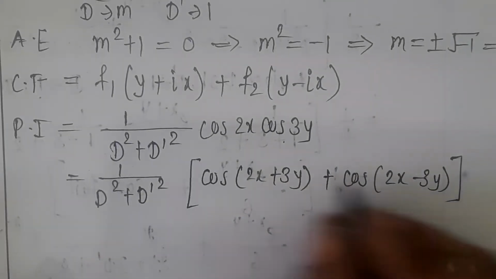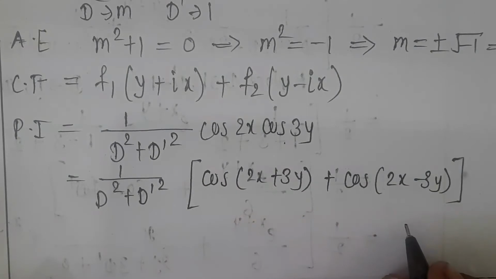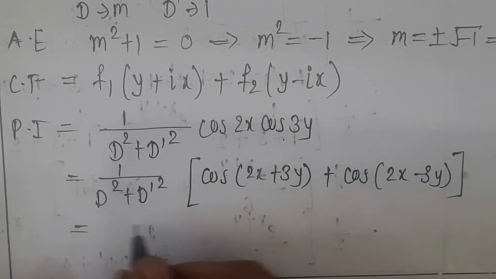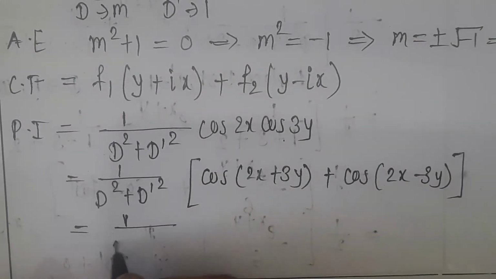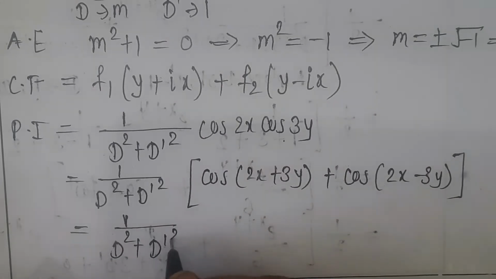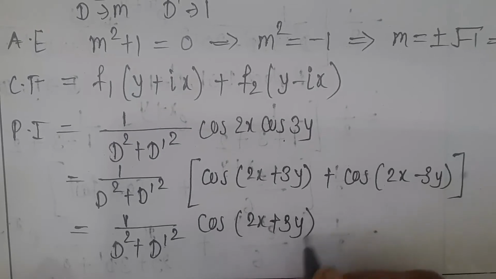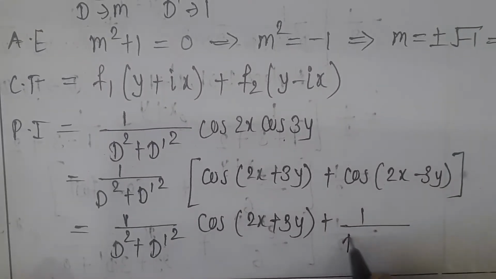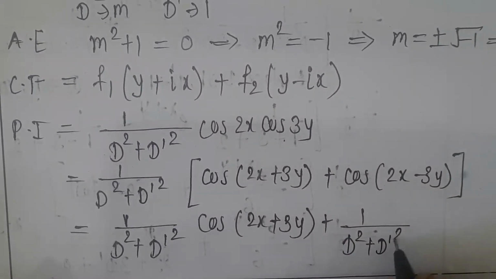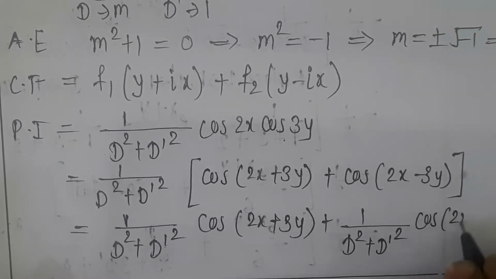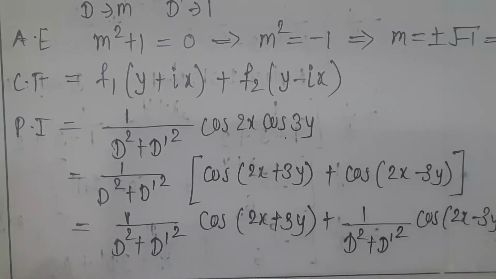We have two terms and now it is in standard form. The trigonometric case we can use here. So it is equal to 1 upon d square plus d dash square multiplied by cos of 2x plus 3y, plus 1 upon d square plus d dash square multiplied by cos of 2x minus 3y. Now operate this.